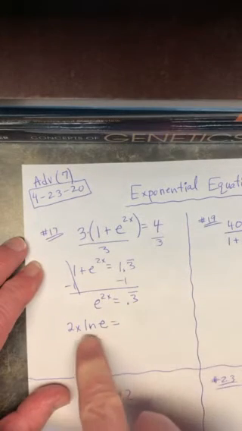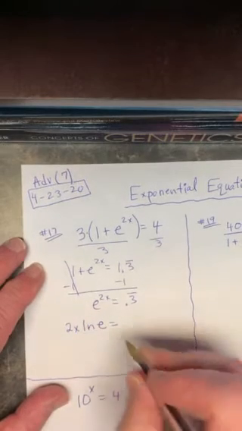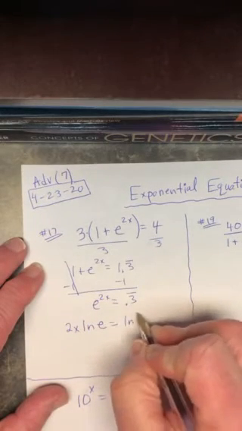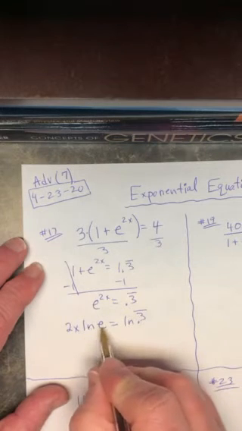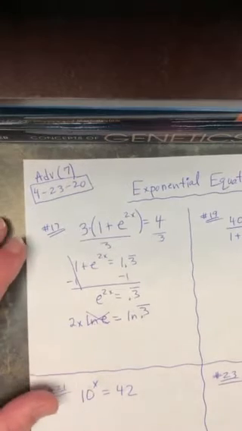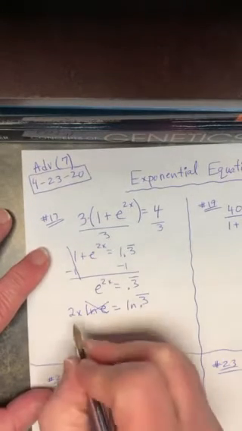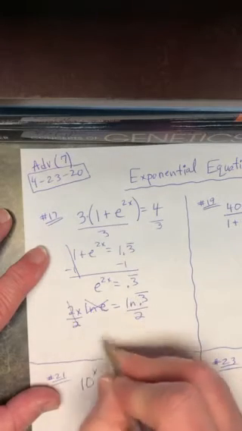Equals, remember, if I ln the left, I got to ln the right. Some of you forgot to ln the other side. ln of 0.33333. ln e, if I ever see it, is irrelevant because, again, it's equal to the number 1. So, of course, to finish getting x by itself, I'm going to divide by 2.